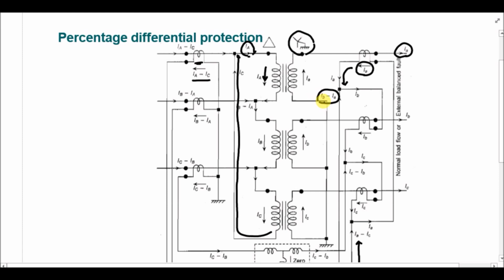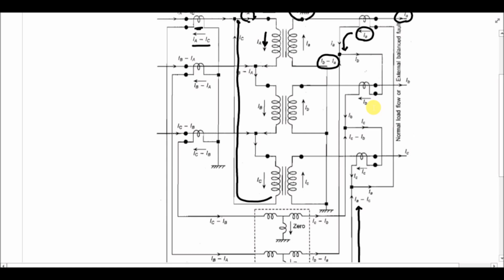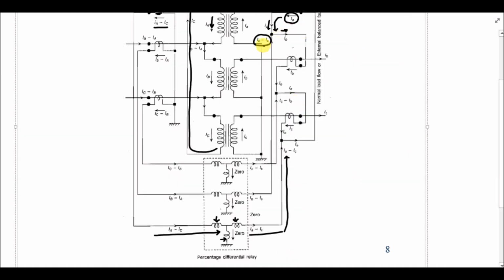The current that is moving towards this node is IB minus IA, right? One current is moving towards this node, one is leaving this node. So the current IB minus IA is moving towards this node, and this current is flowing through this branch.